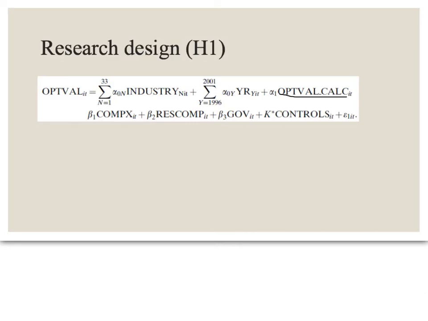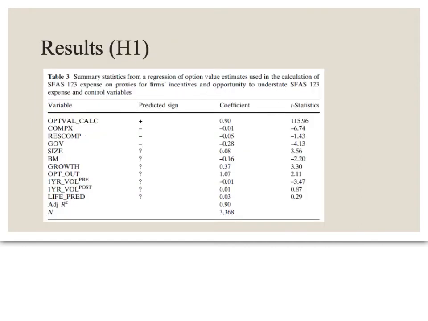Okay, let's look at the result. Okay, this is table 3. If you look at these 3 coefficients, they are negative. So disclosed option estimates are negatively associated with COMPLEX, RESCOM, and GOV.